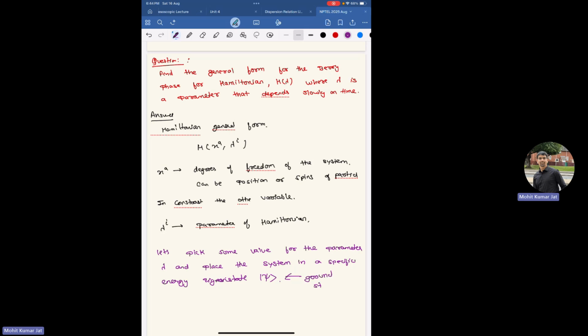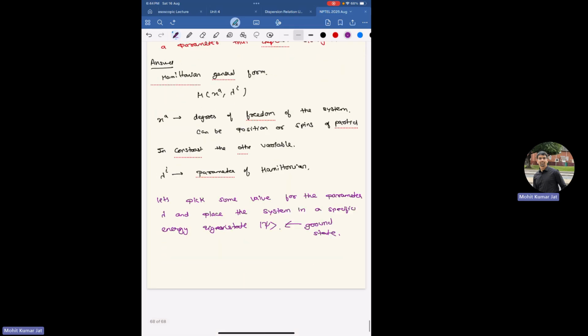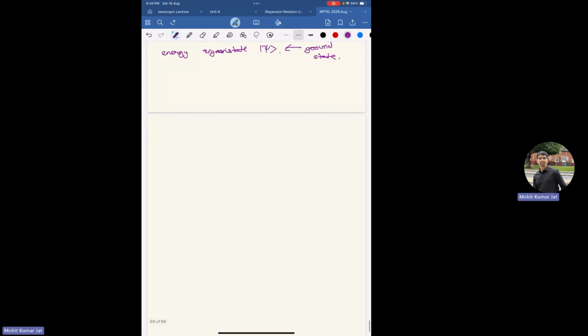Let's say this is the ground state of the system. We assume this ground state is unique. We will later relax this assumption also.